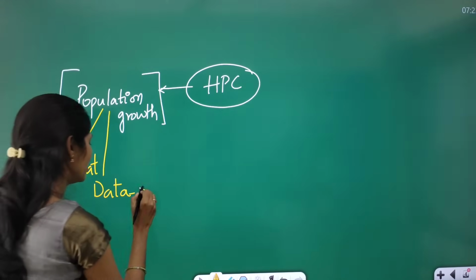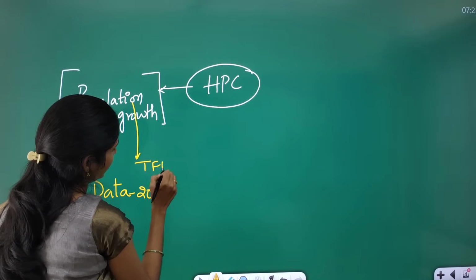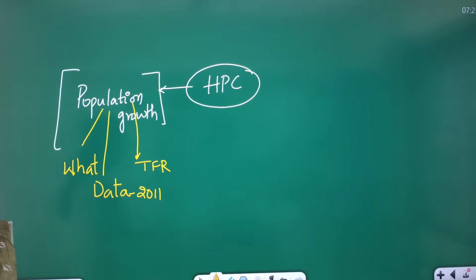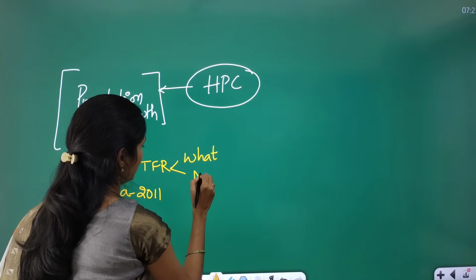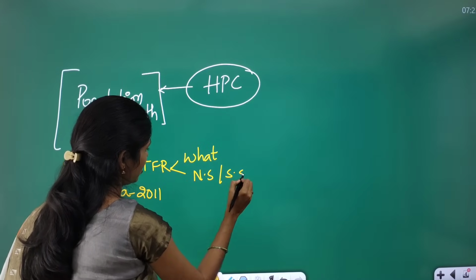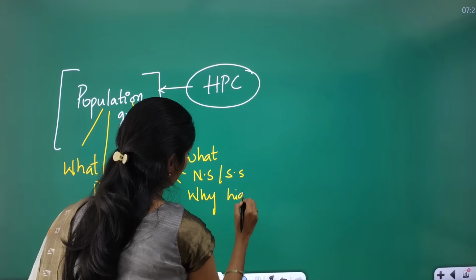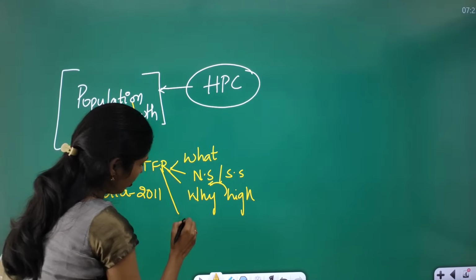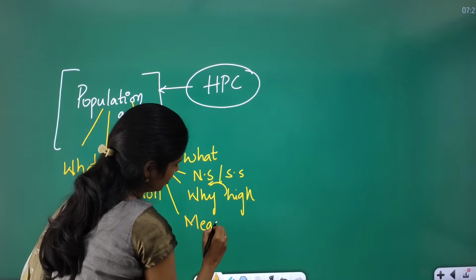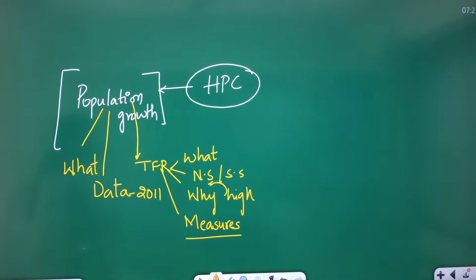So you have to see the 2011 data, and you have to see what this total fertility rate, TFR, is, and what the TFR is in the northern states and the southern states. Why is TFR high in northern states, and what are the measures taken by the government?